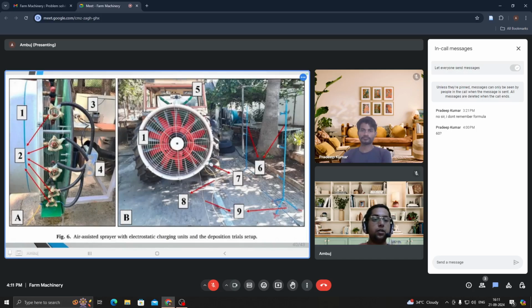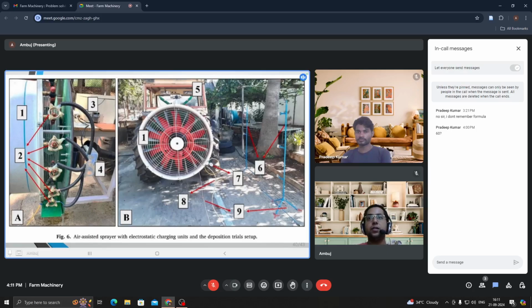See here at ninth number, they have placed some papers. These are papers for checking the spray pattern as well as the volume of spray. They have genuinely placed those papers, and this is the complete view.